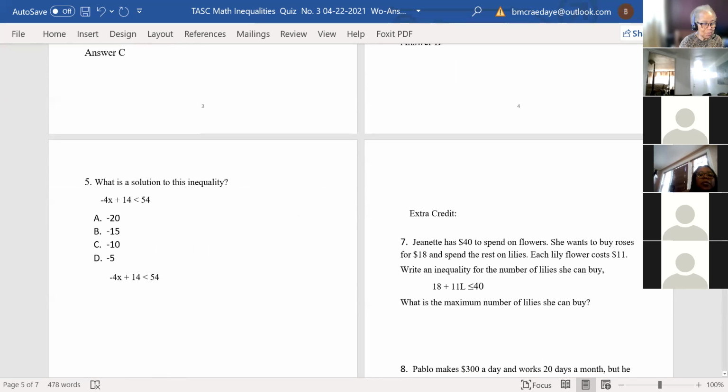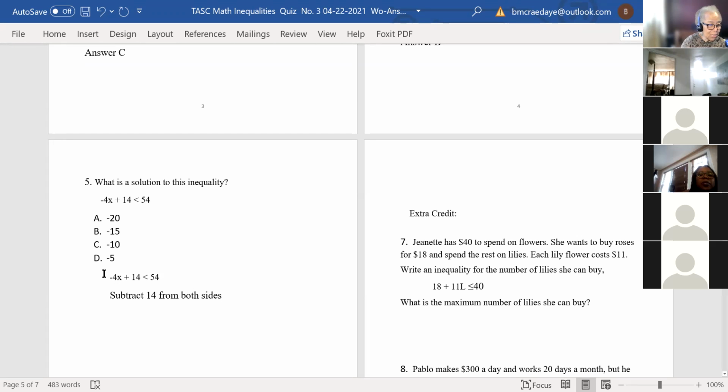Subtract. Subtract is right, but what would I subtract? That's it, very good. Subtract 14 from both sides.